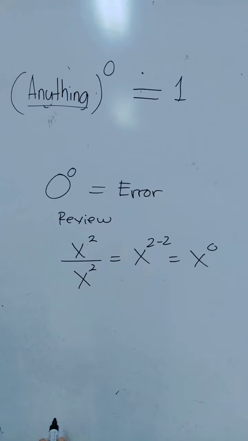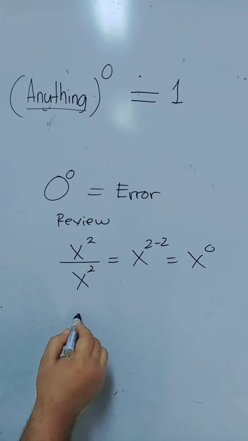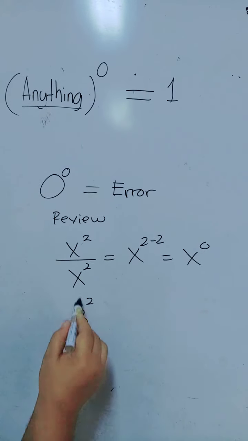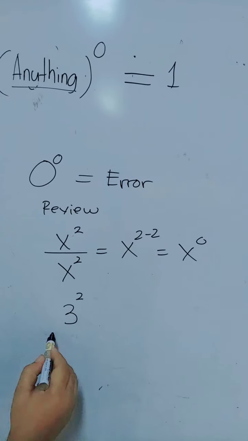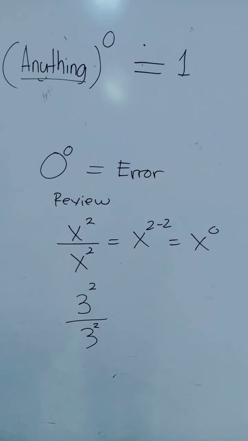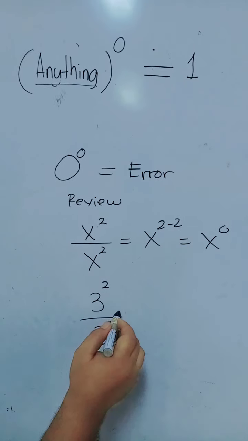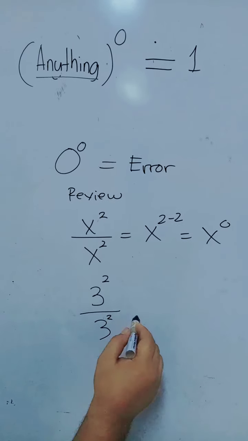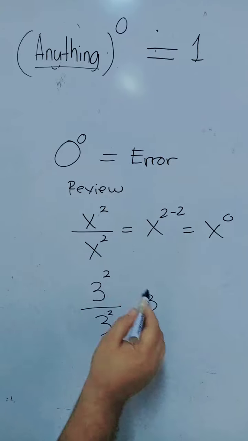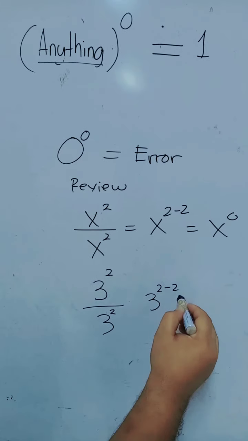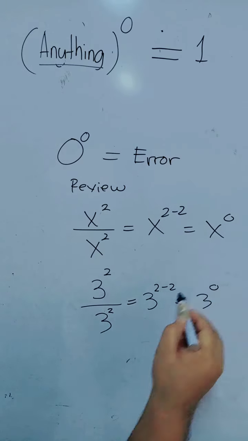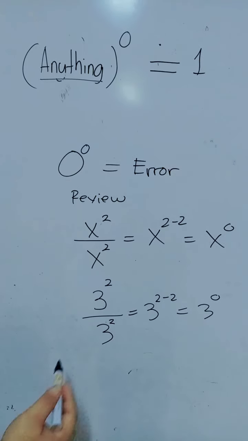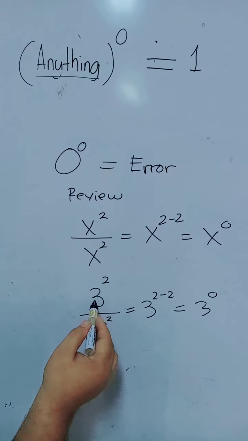Now let me explain about this one. 3 to the power of 2 over 3 to the power of 2. Let's substitute 3 for x. Okay, I know you agree with this, right? Just copy the common base and subtract their exponents. 2 minus 2. That is equal to 3 to the power of 0, right? And we try to solve this individually.